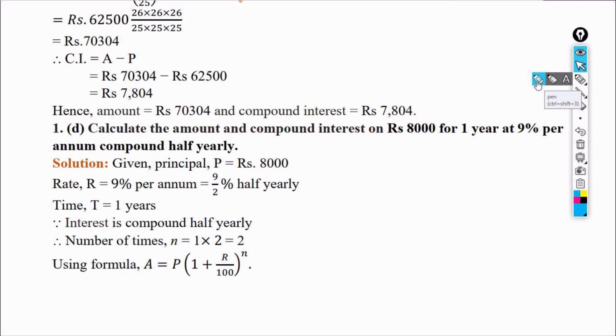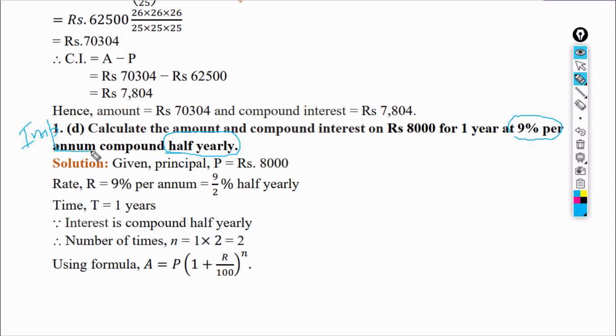Okay, then question number 1D is also important. Calculate the amount and compound interest on rupees 8,000 for 1 year at 9% per annum compounded half yearly. Here it is also written compounded half yearly, and the rate of interest is 9% per annum.